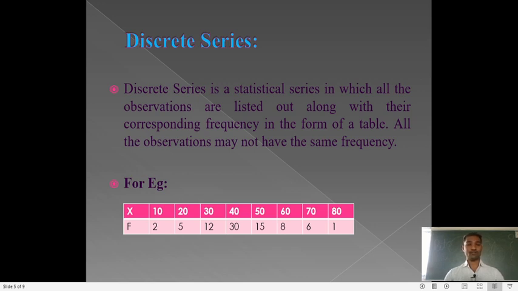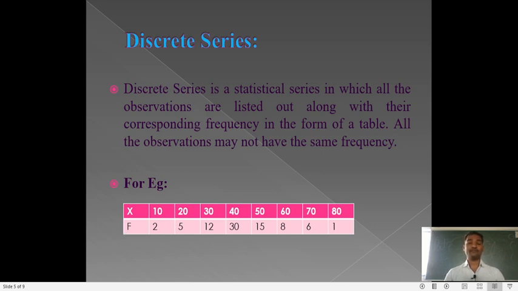discrete series. A discrete series is a statistical series in which all the observations are listed out along with their corresponding frequency in the form of a table. All the observations may not have the same frequency. So here is an example of a discrete series. The observations are denoted by X, and in front of them their frequency is denoted by F. So what does frequency mean? It means how many times that item is repeated.